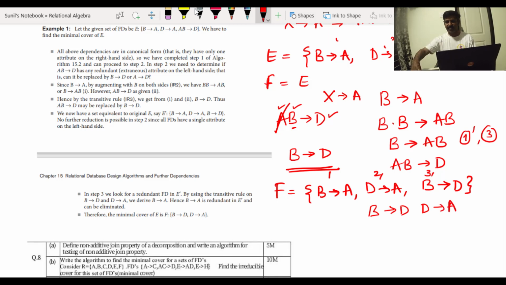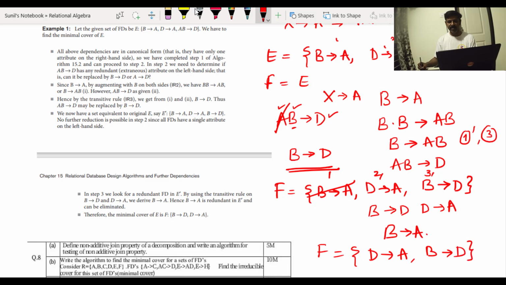So we can eliminate the functional dependency in this list. B arrow A can be derived, so we can eliminate this. So what we are left with is F, which is equal to D arrow A and B arrow D. So these are the only functional dependencies which are required. So this is the minimal cover.